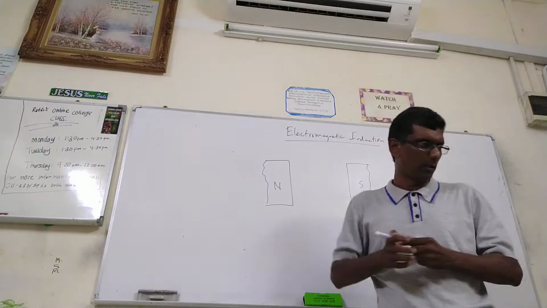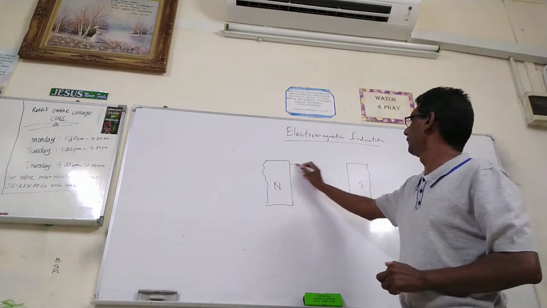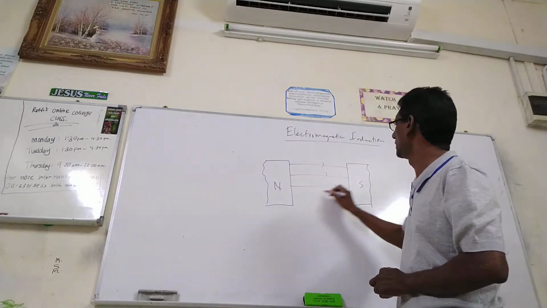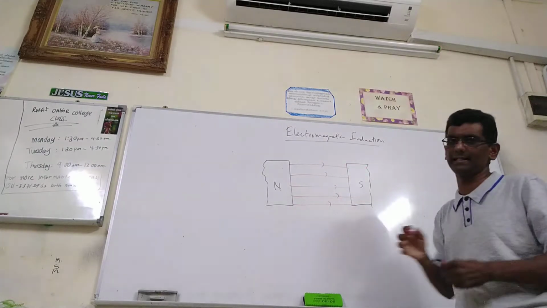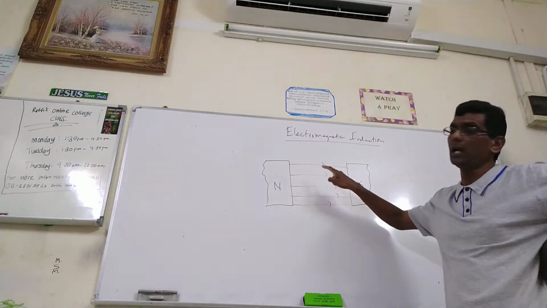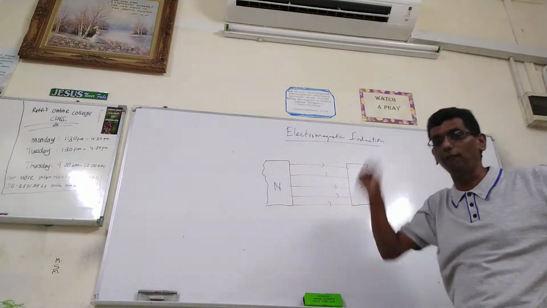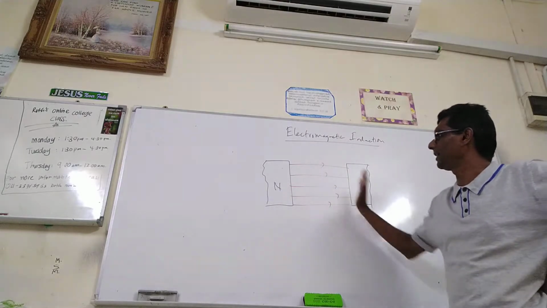Between them there are field lines: 1, 2, 3, 4, and 5. The magnetic field lines are what we call magnetic flux.